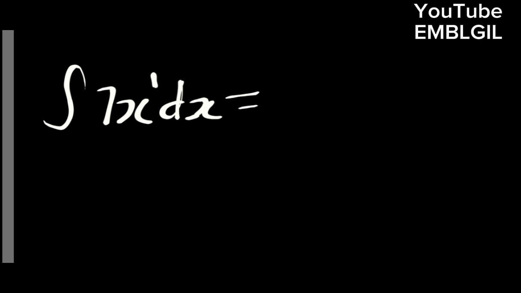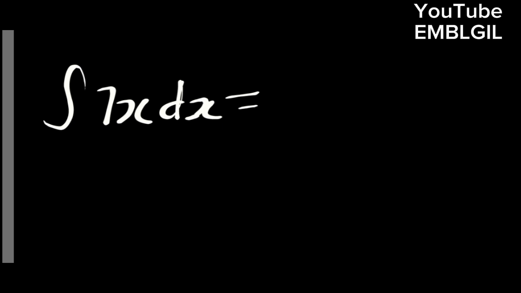Take this. We have the integral of 7x dx, and we are asked to solve this. The first thing you have to know is that this x has an invisible 1 here, because we know that x raised to power 1 gives us x. So now, what are we to do?